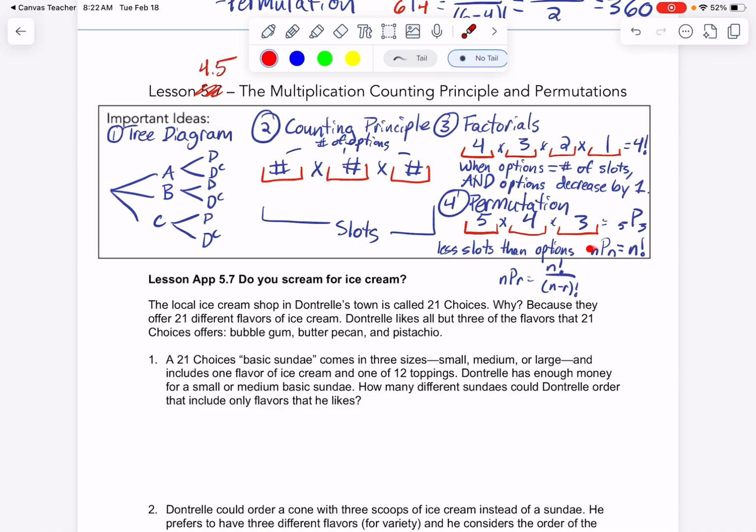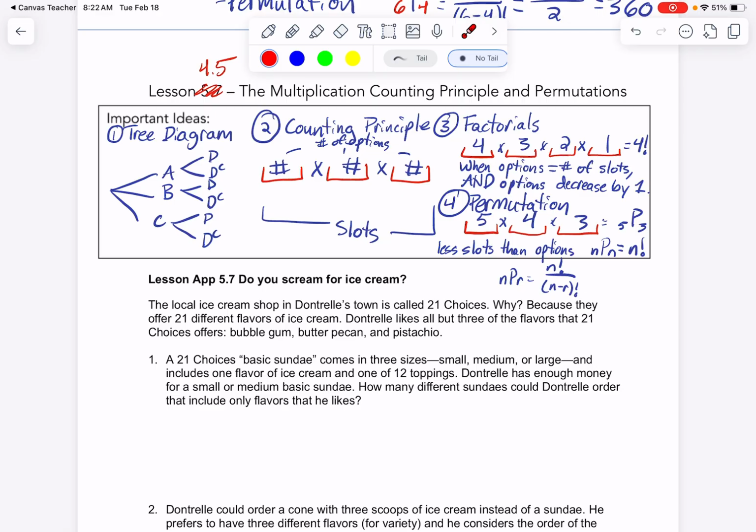Because if I have 5 options in 5 slots, well, that's just 5 factorial. If I have 6 options in 6 slots, that's 6 factorial. So if these are ever the same number, that's just a factorial. So a factorial is a very special case of a permutation.